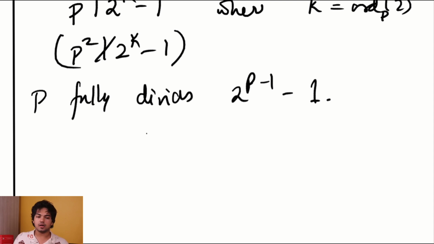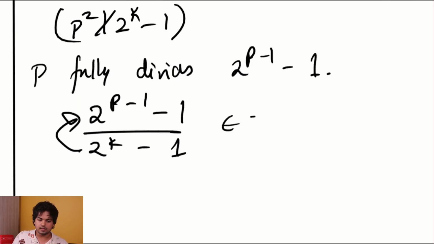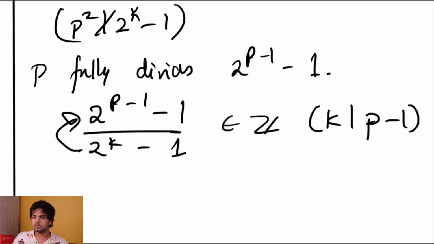Say there was a higher power of p that divided 2 to the p minus 1 minus 1. Then if I were to look at 2 to the p minus 1 minus 1 by 2 to the k minus 1, which obviously is an integer, since k divides p minus 1, on account of k being the order.